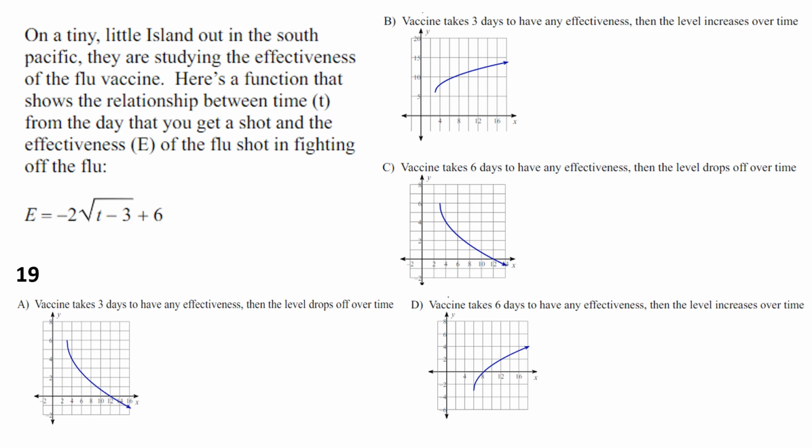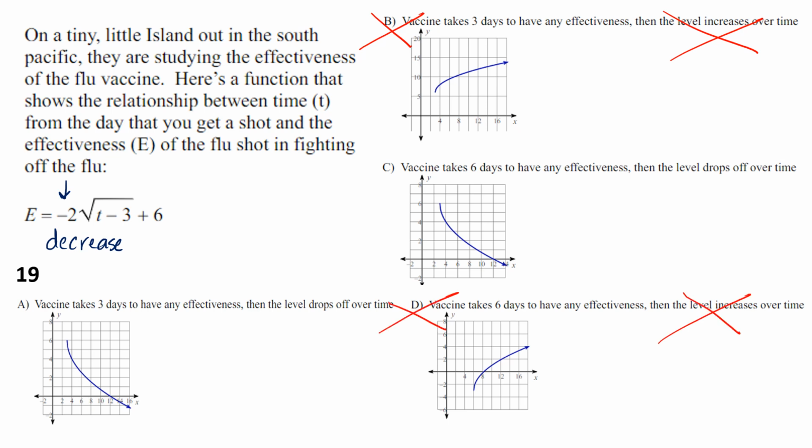Our answer choices are, the vaccine takes 3 days to have any effectiveness, and then the level will drop off over time. Remember, that negative in the front tells us that our graph is going to decrease. It should look like example A or example C. So anything that says it increases over time is wrong because that a value is not positive.